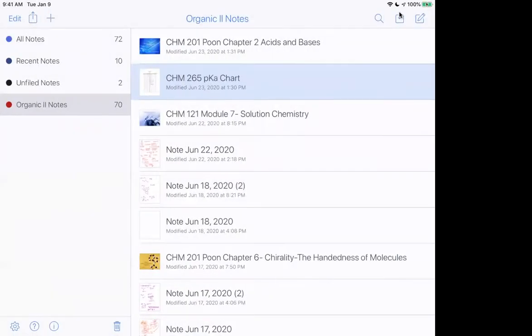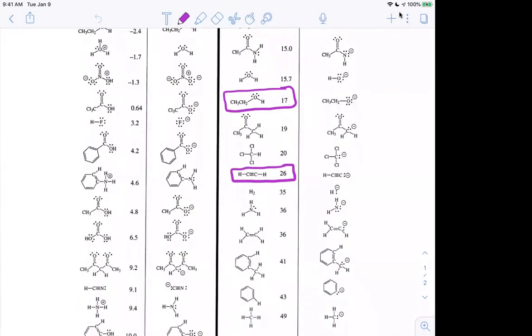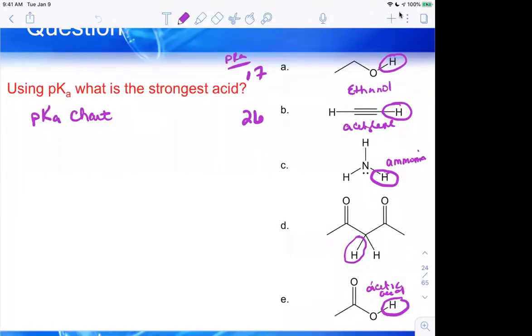Then when I look for ammonia, using that as an acid, I'm going to see that ammonia has a pKa of 36. So now I look back at my chart. Ammonia is going to have a pKa of 36.